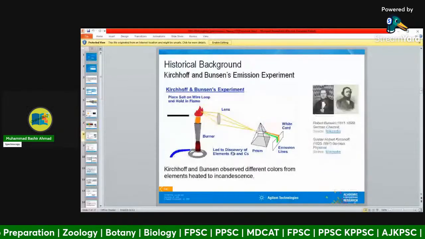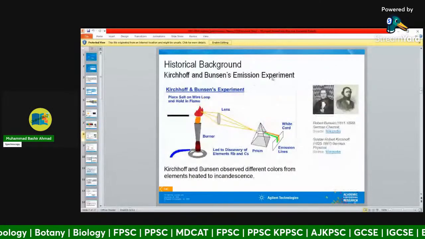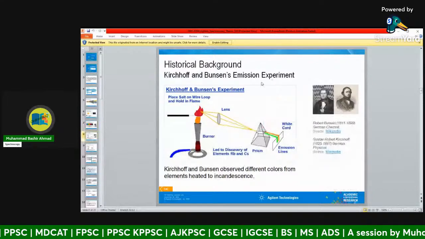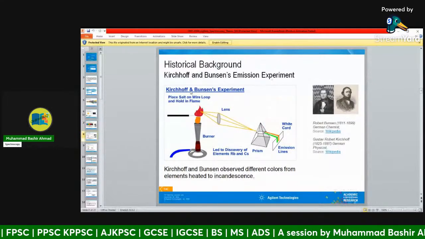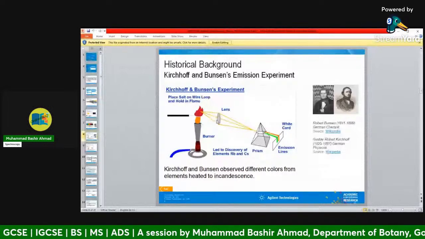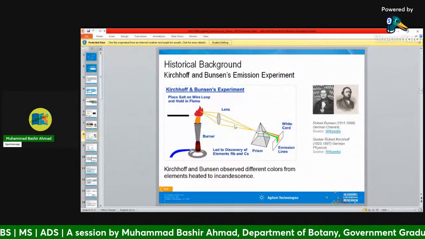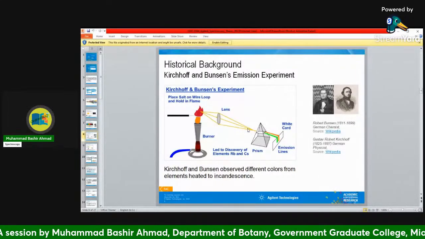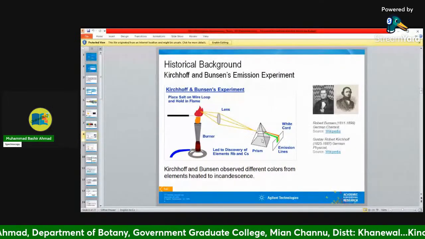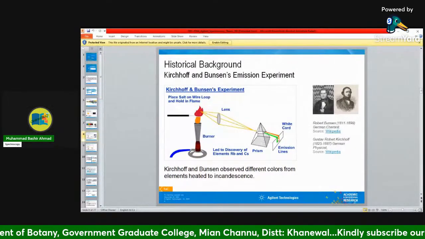Kirchhoff and Bunsen's emission spectrum. Here we can see the experiment by Kirchhoff. This is a source of light passing through a lens, and then being analyzed by passing through a prism, where it is observed as different colors of light.